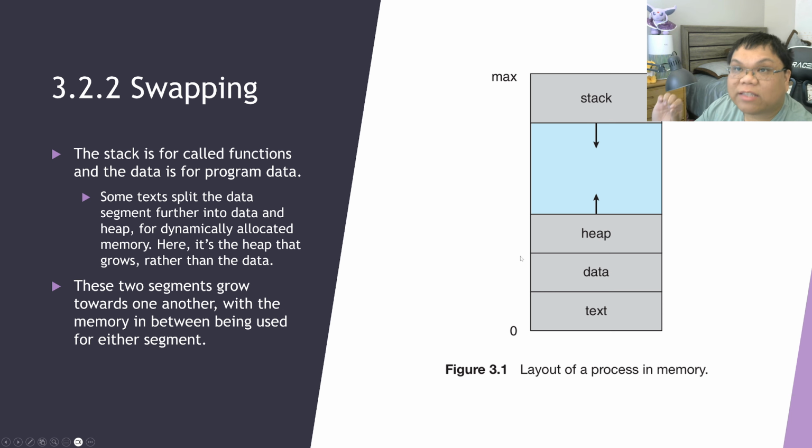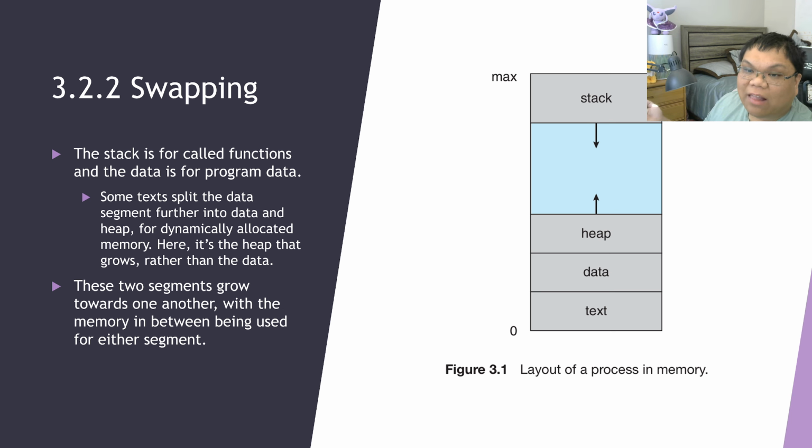The data segment is basically global values and other values. But the point is, the size of the data segment here is fixed. The size of the heap is not. So that would be, for example, dynamically allocated memory data structures.